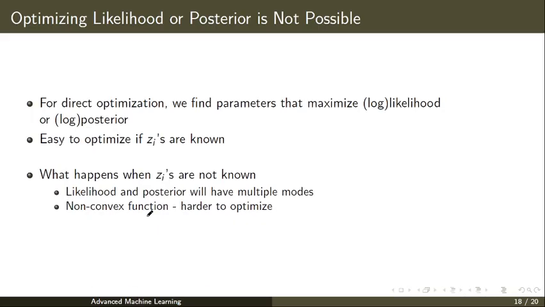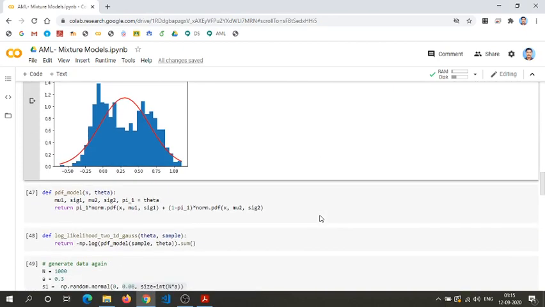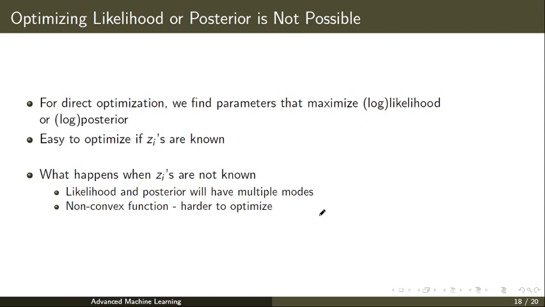But the difficulty is that we don't know the z value, so we are not in a position to fit the data. That's what I am trying to say.